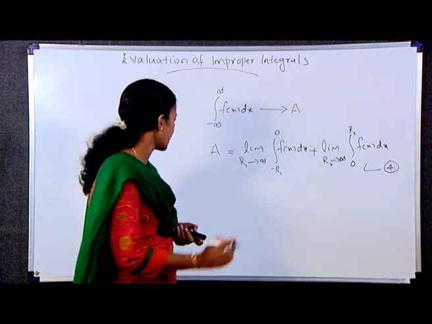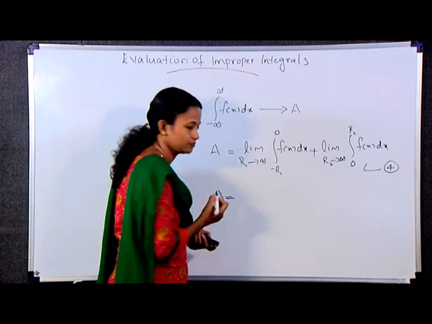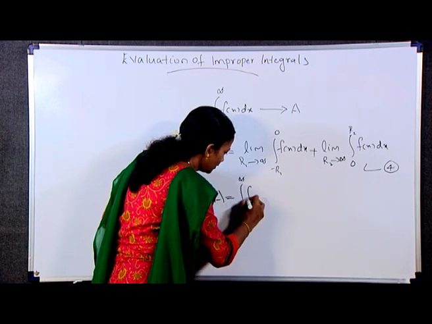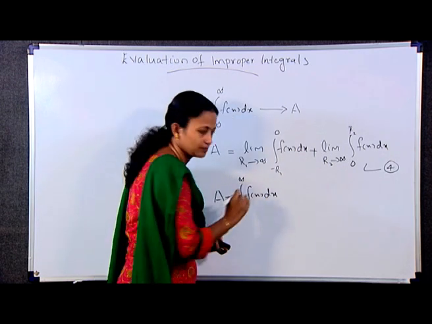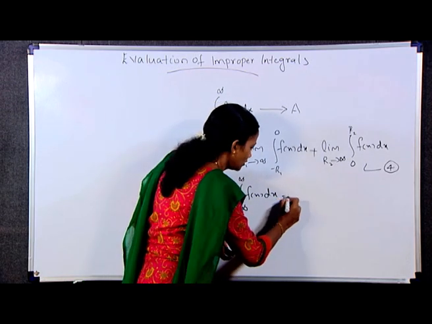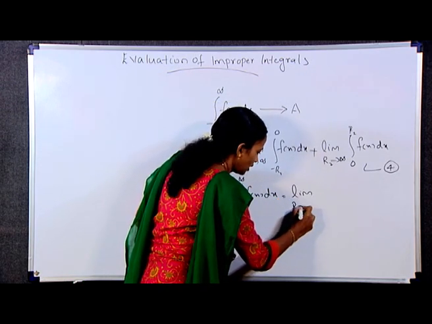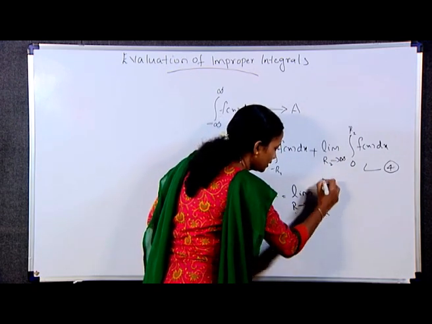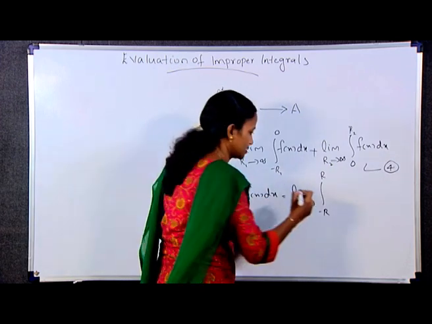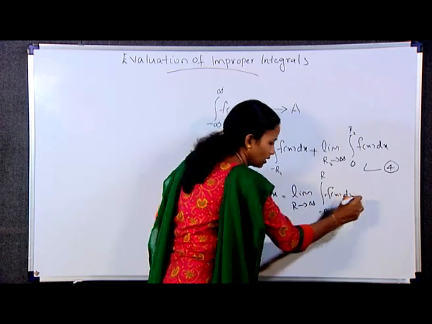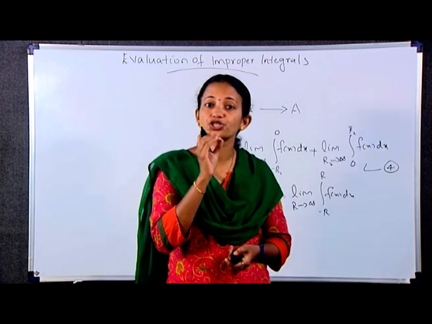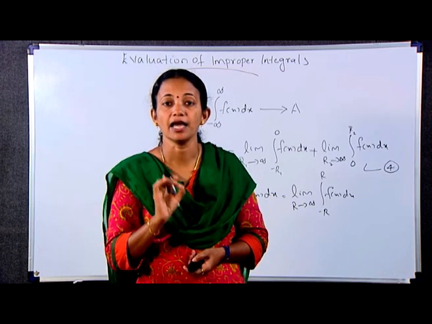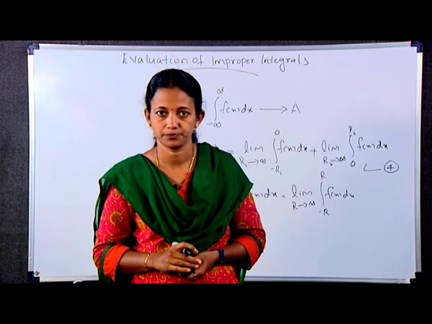That is, A is equal to integral from minus infinity to infinity of f(x) dx, which is equal to the limit as r tends to infinity of integral from minus r to r of f(x) dx. Hence, the Cauchy principal value of integral from minus infinity to infinity of f(x) dx is equal to A.